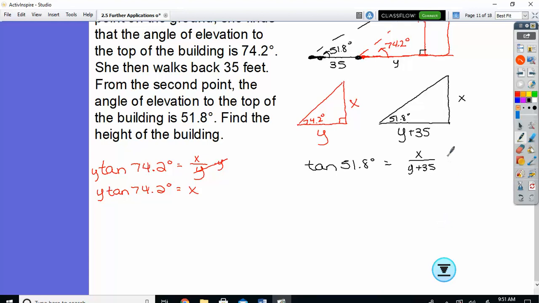Okay, we want to get rid of the fraction, so if you multiply that over, you'd have to distribute, so you get y tangent of 51.8 plus 35 tangent of 51.8 degrees equals x. I apologize, I know I didn't leave you a ton of space on that handout.